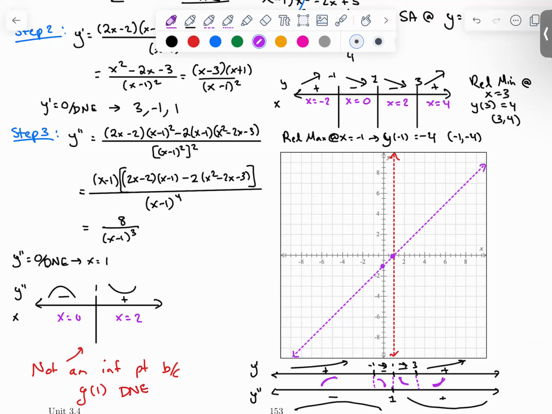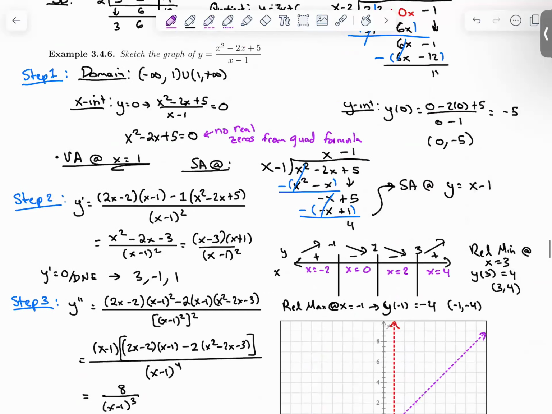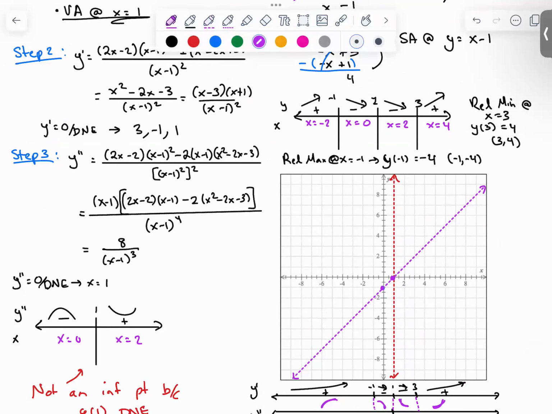And then we've got any points that we got. We got the point 0, comma, -5 from a y-intercept, 0, comma, -5 right there. We had -1, comma, -4 from our relative maximum, and 3, comma, 4 for our relative minimum.